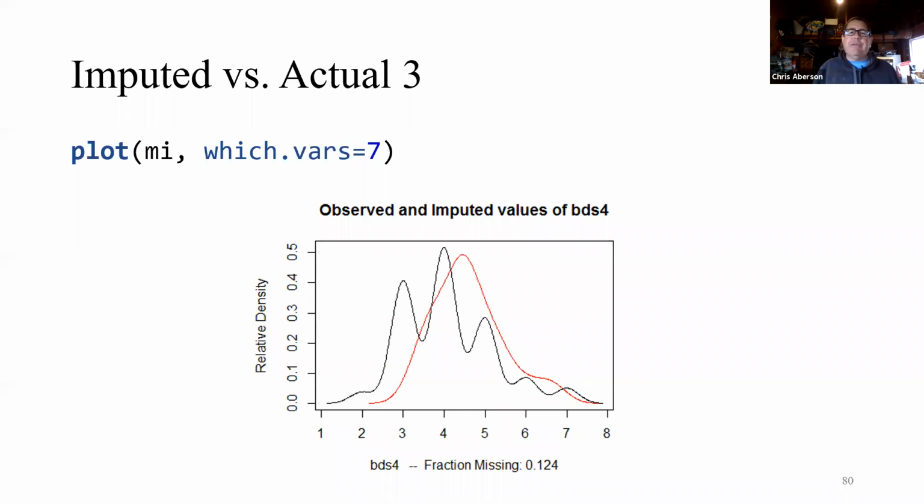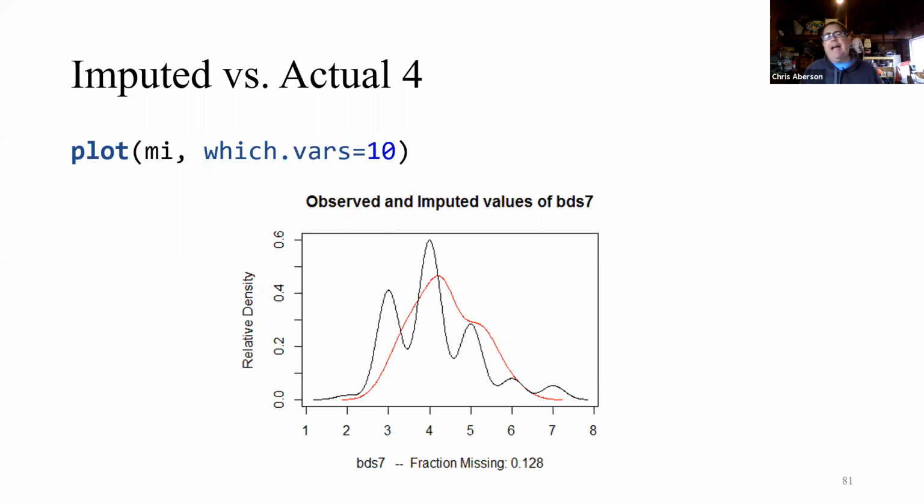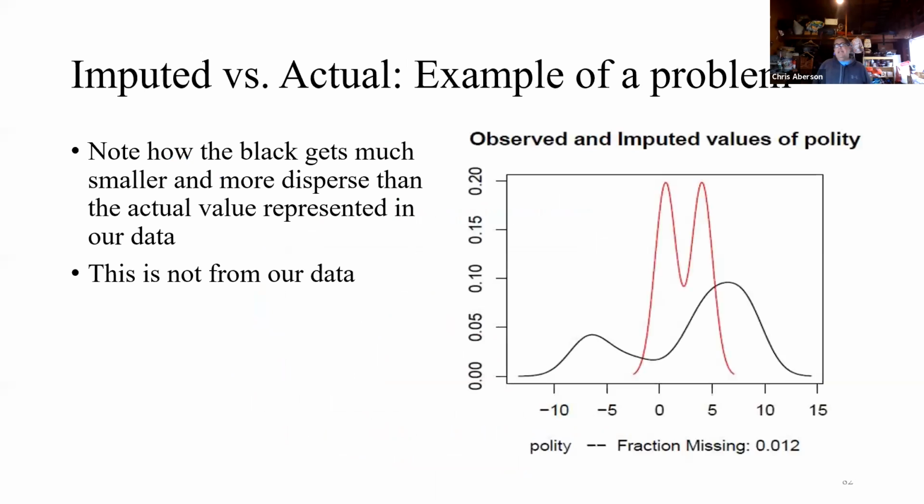This variable looks relatively well covered, and the last one looks good. What we don't want to see is something like this. The imputed values in black are often way outside of what the actual values are. That's what a problem would look like here.